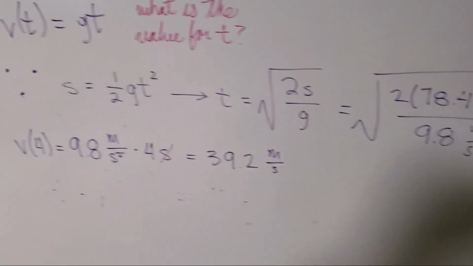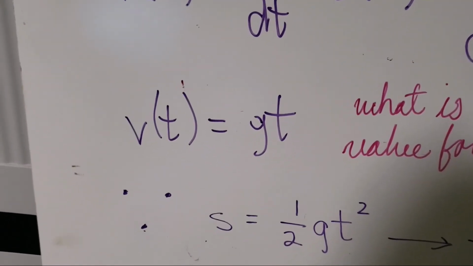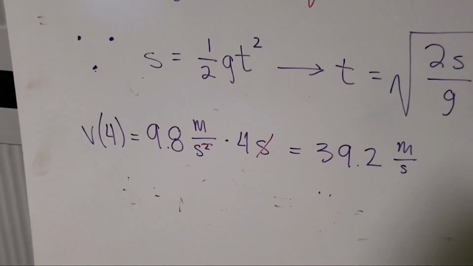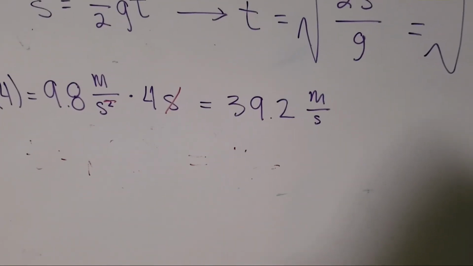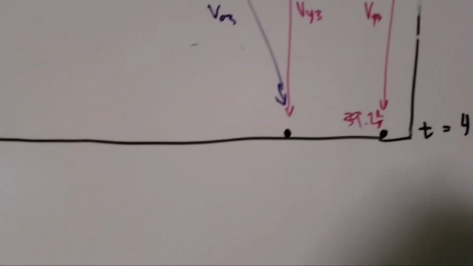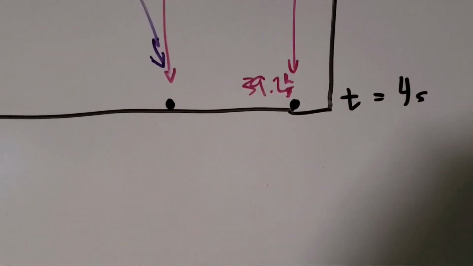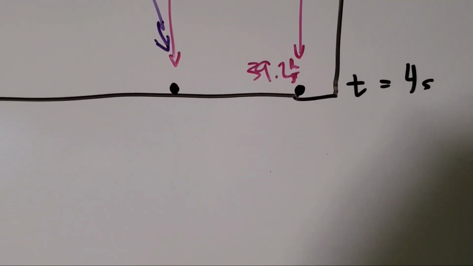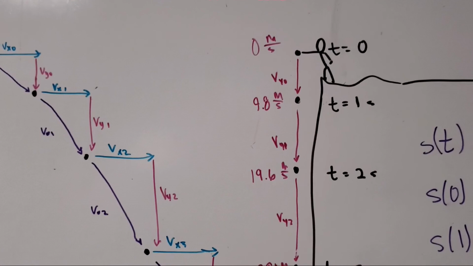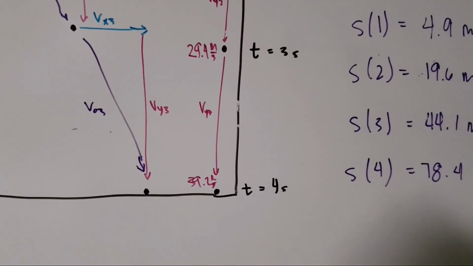By plugging in that value of 4 seconds to the v equals gt formula, we ended up getting the same result for velocity that we did when we manually calculated it. We calculated it by adding 9.8 meters per second every second that had passed.